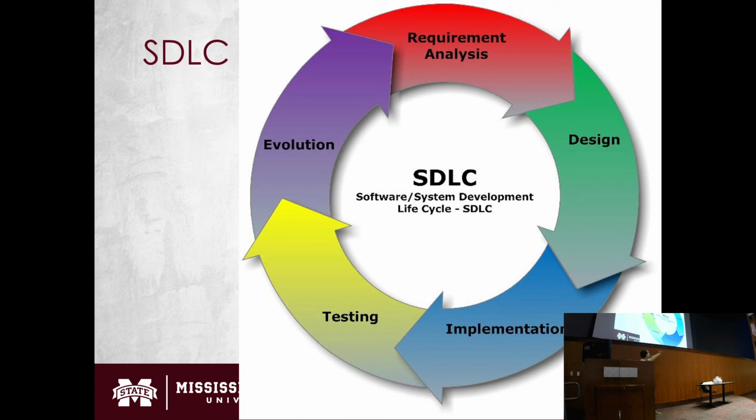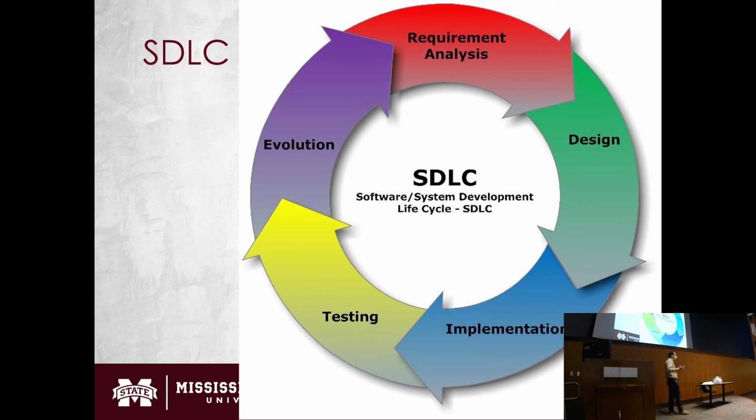With SDLC, what we're trying to do is develop applications that are going to fulfill whatever our requirements are. The very first step of SDLC is the requirements analysis. Inside of requirements analysis, we meet with each of the different parties that are going to have some sort of a stake inside of whatever we're developing. Let's say we're developing an attendance system.